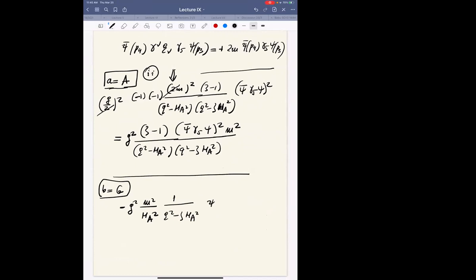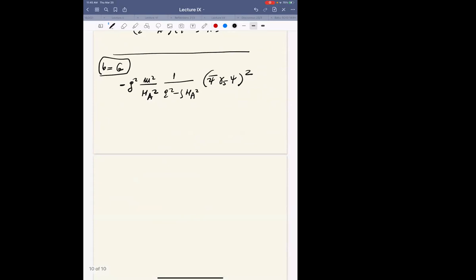And the same interaction, which you would write psi bar P2, gamma 5 psi P1, and so on. But I can write like this. Interesting what we are getting.